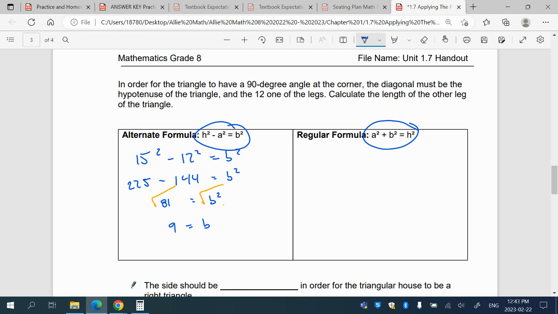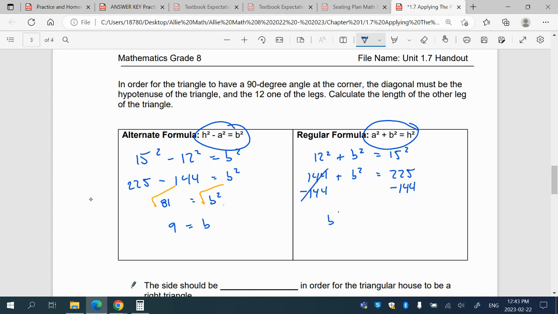We could have gone 12 squared plus b squared, we don't know, equals 15 squared. So 144 plus b squared equals 225. Then to get the b squared by itself, we need to minus 144 from each side. So that kind of zeroes out.